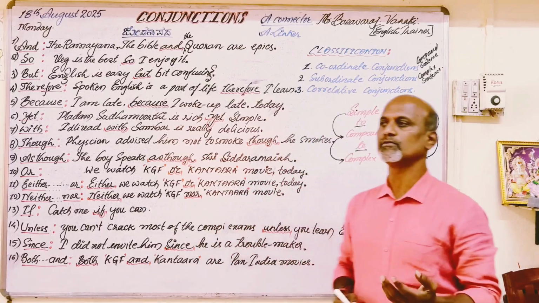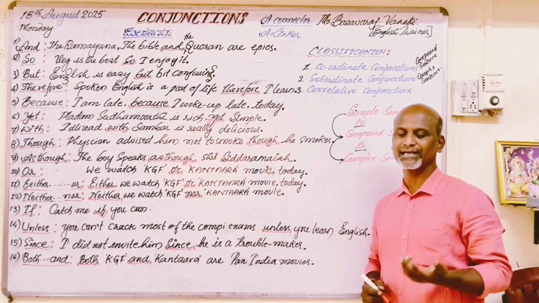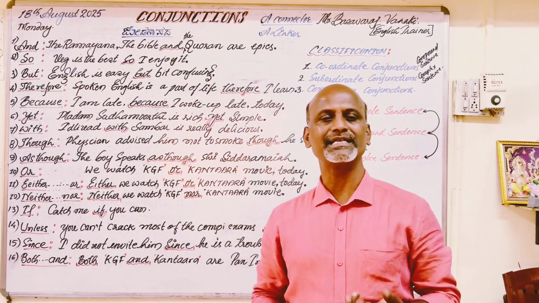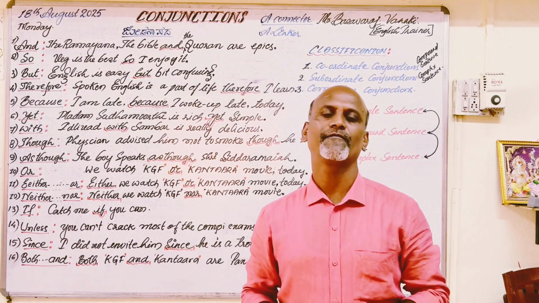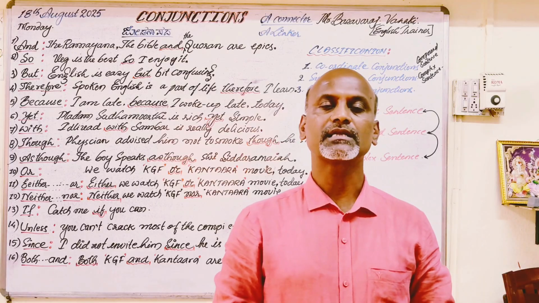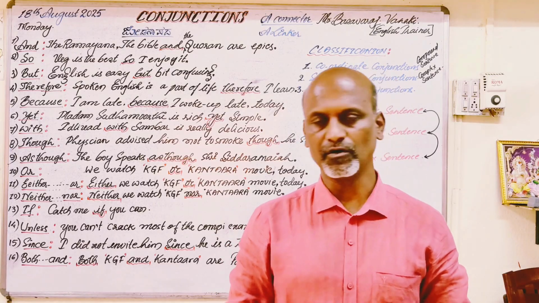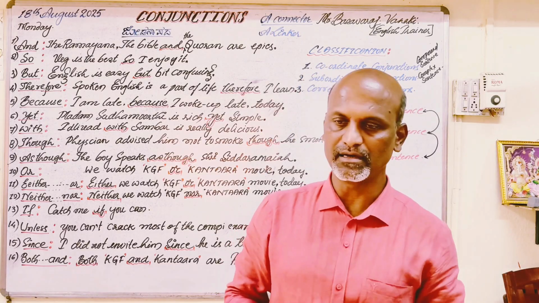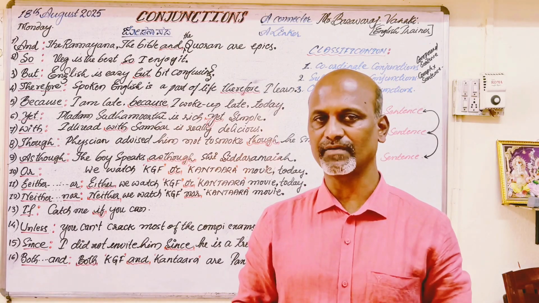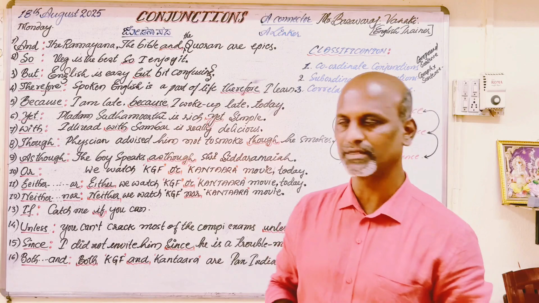Students, coordinate and subordinate conjunctions are not a new topic for us. Already we have studied them in school days, especially for 10th students of the state syllabus. If you are CBSE or ICSE, of course you might have learned them during your 7th, 8th or 9th grade, and it is quite compulsory for school children.